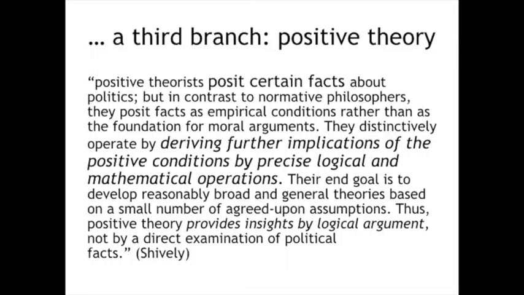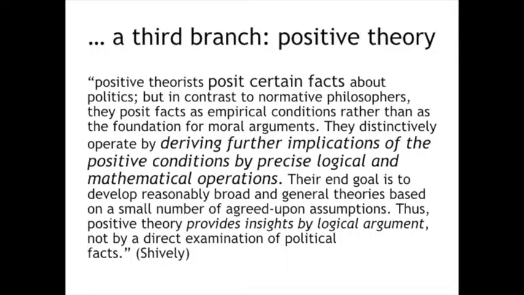So in other words, whereas the empirical theorists go out and collect information, observations from the human world and try to draw theoretical conclusions about them, positive theorists begin with certain assumptions or stipulations about politics and build their theories through a process of logical expansion or logical elaboration to reach conclusions.